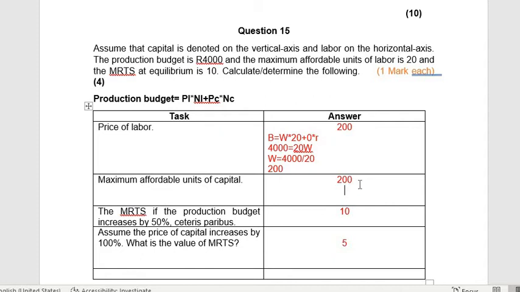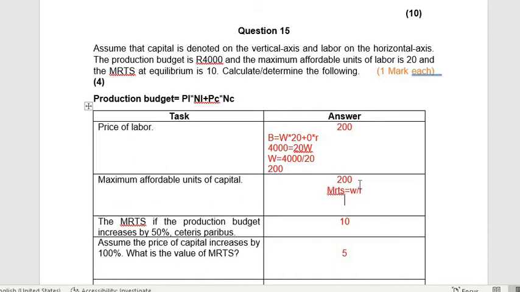So in order to get that, the marginal rate of technical substitution, which is 10, is equal to the wage of 200 divided by R.